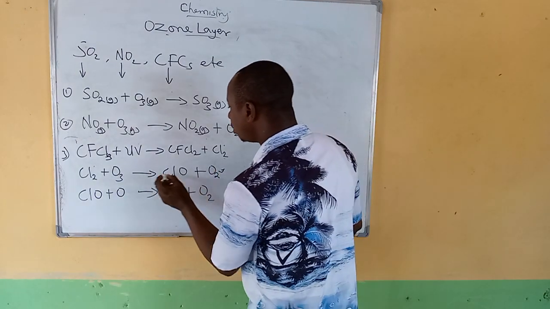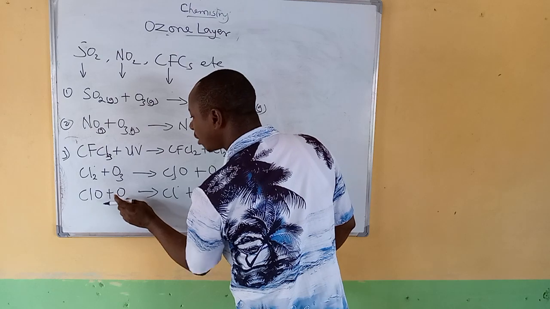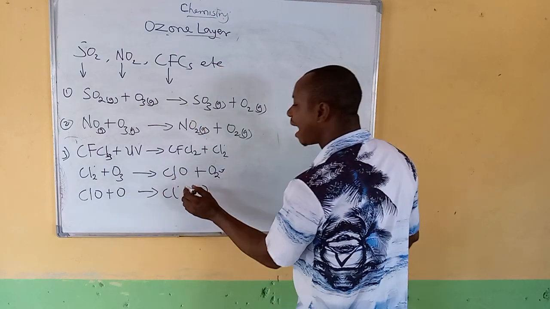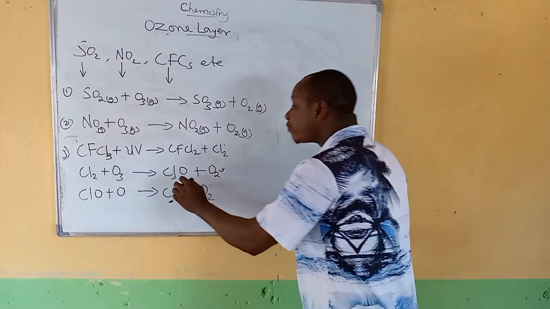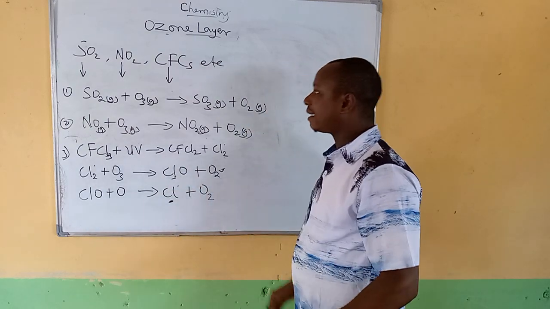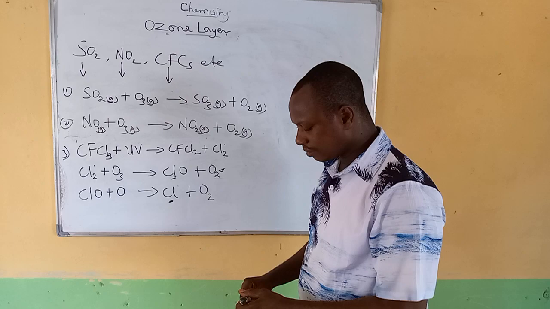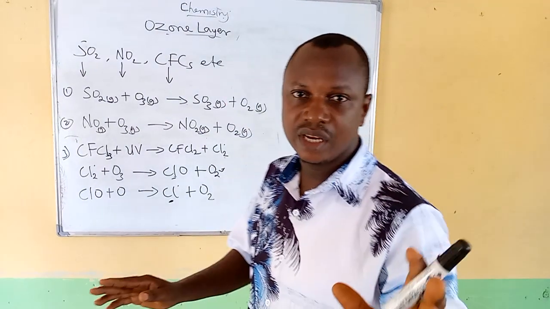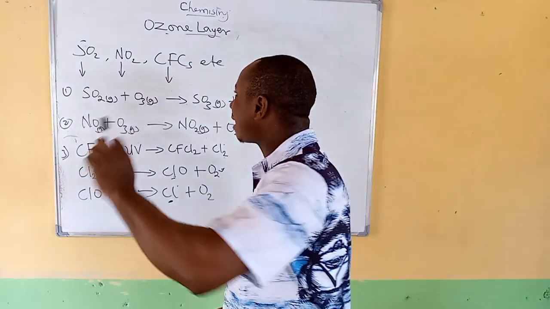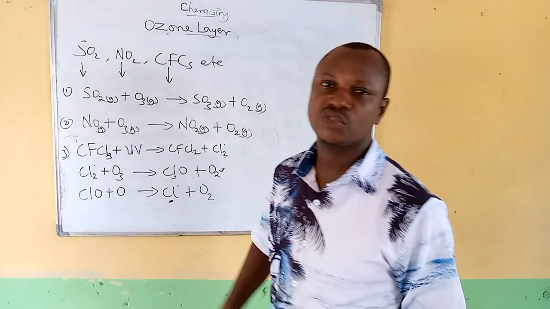This one again will react with a single atom of oxygen to release another free radical of chlorine, which will further attack ozone. It then means that one free radical chlorine can attack 1,000 ozone molecules before it is removed from the stratosphere.